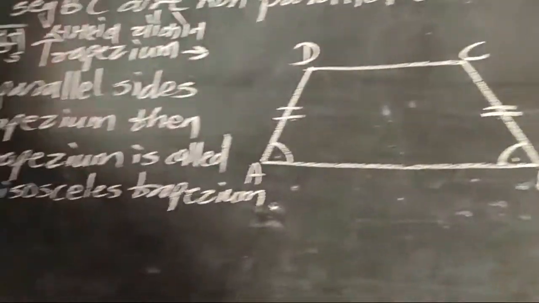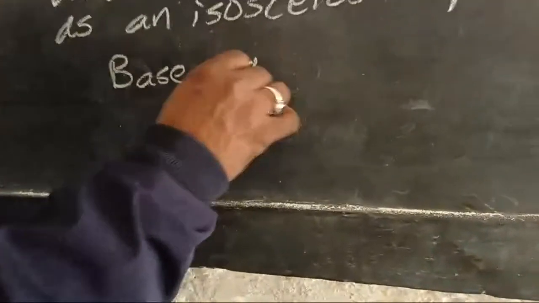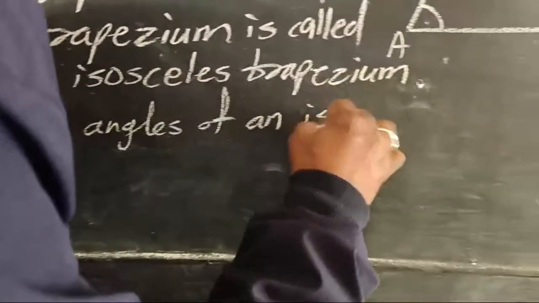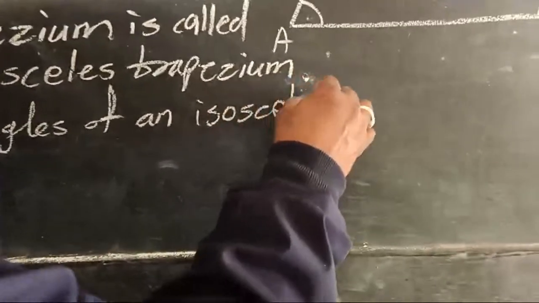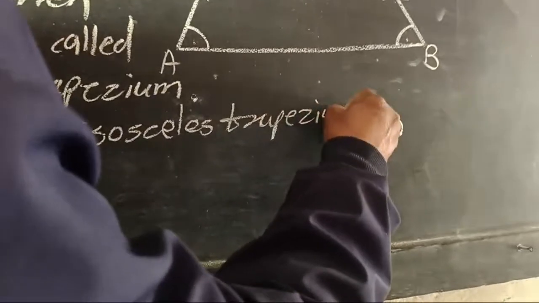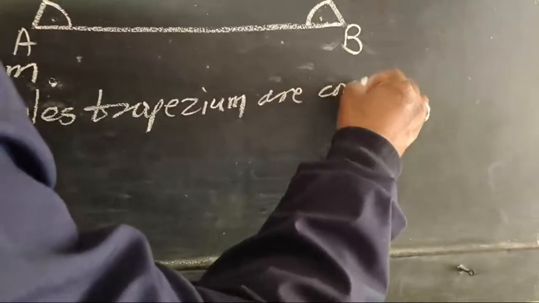What is the property? Base angles of an isosceles trapezium are congruent.